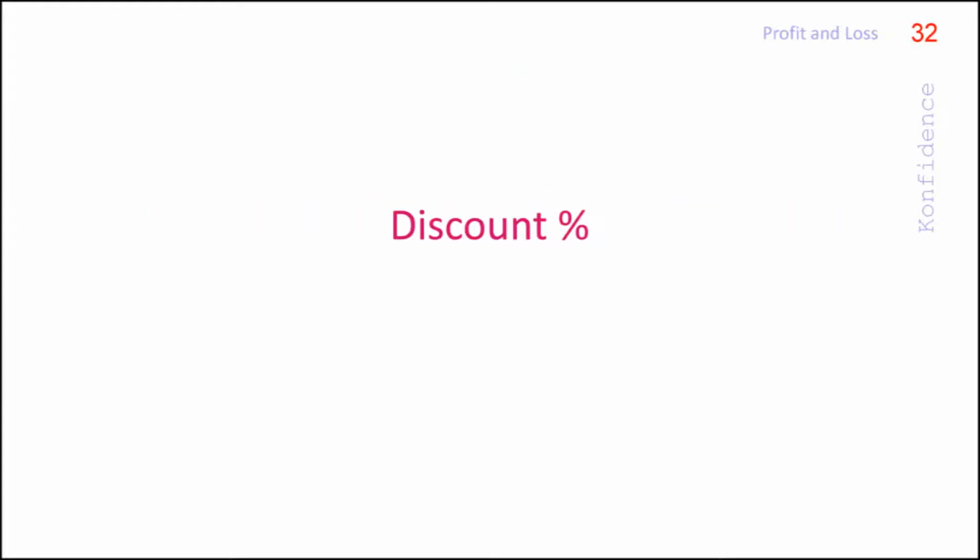Discount is another matter altogether. Here, the only rupee value that is known to the consumer is the marked price. If we, as a customer, go to a shop and ask for the price of a TV, what they tell us is the marked price.